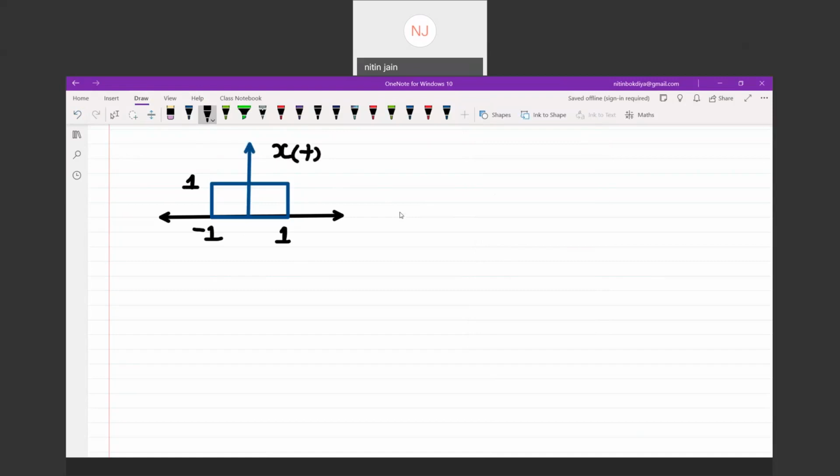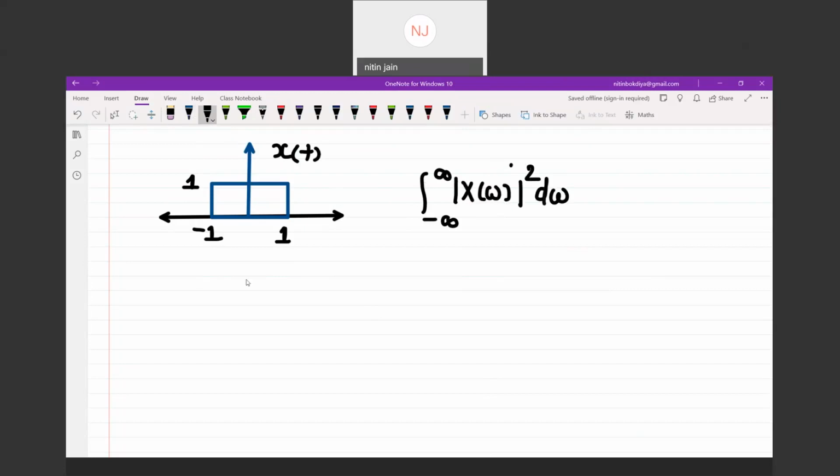Okay, a rectangular function is given by this, then find the value of the integral from minus infinity to infinity of X of omega d omega.